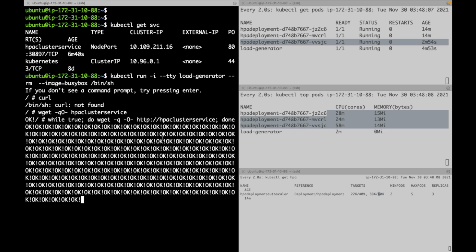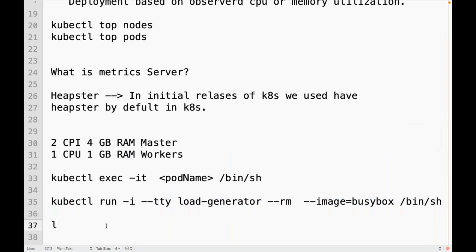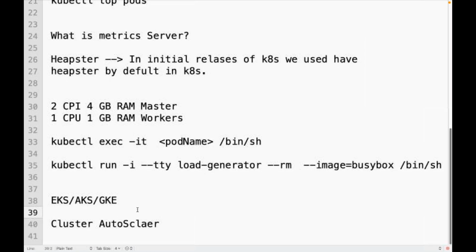But if I go for managed Kubernetes clusters like EKS, AKS or GKE, there is one more concept called cluster autoscaler.